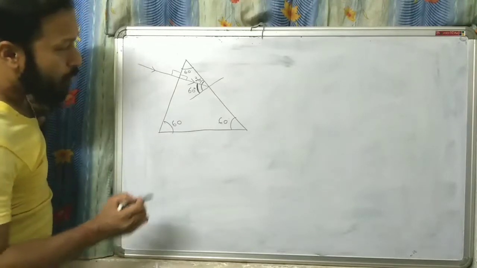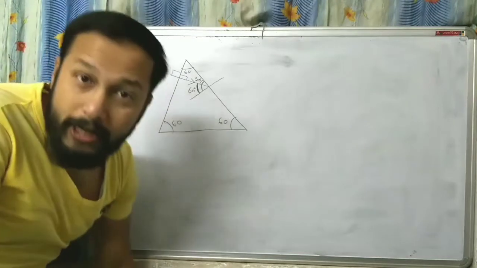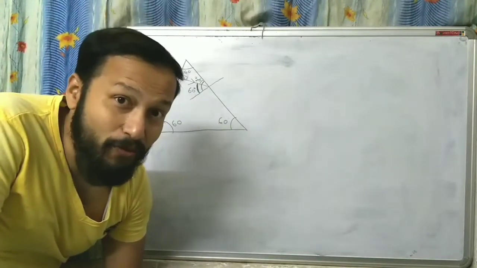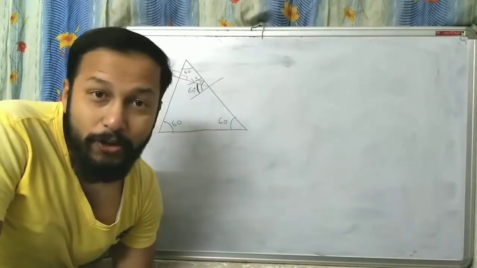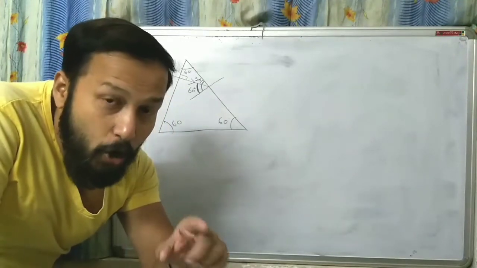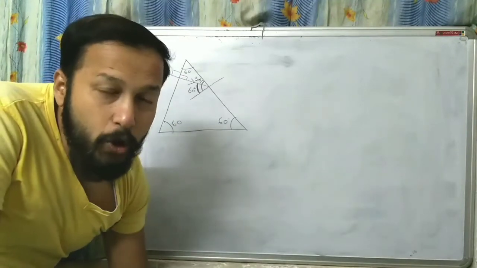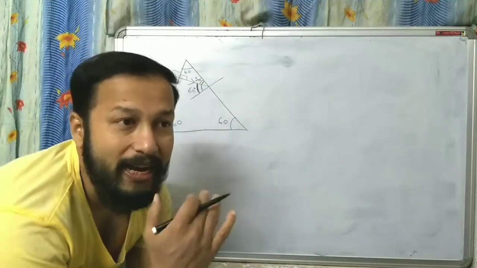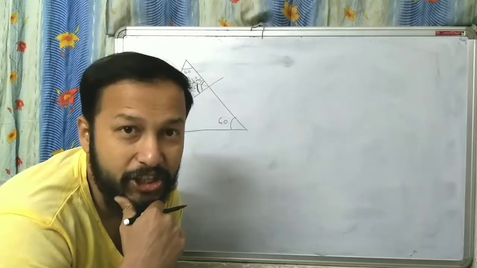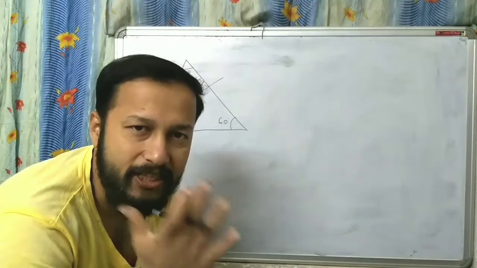Understood? Now, if this is 60 degrees, is it more than 42 degrees? Yes, 42 degrees, because 42 degrees is the critical angle. In the third video of the chapter on refraction, I told you about the angle of incidence.